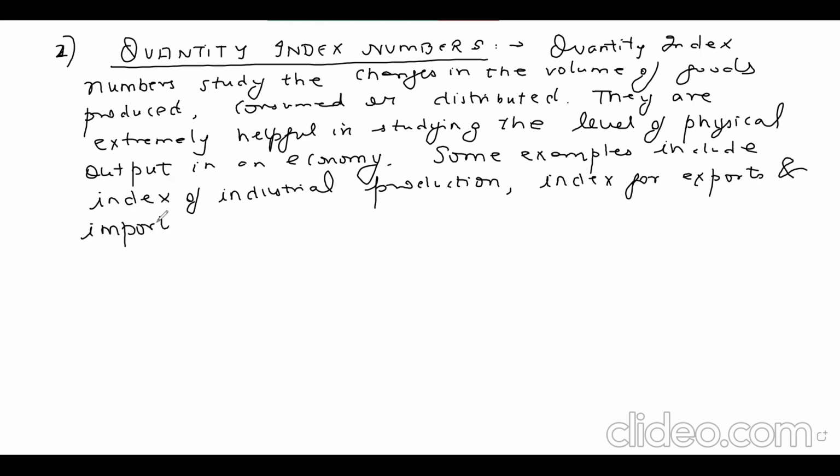So these are some standard examples of quantity index numbers. I'm repeating it again. In case of quantity index numbers, we are studying the changes in the volume of goods which are produced, consumed, or distributed. And they are going to be helpful in studying the level of physical output in the economy.